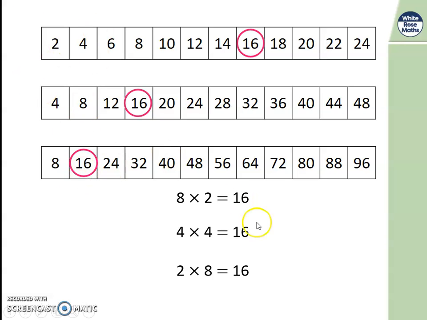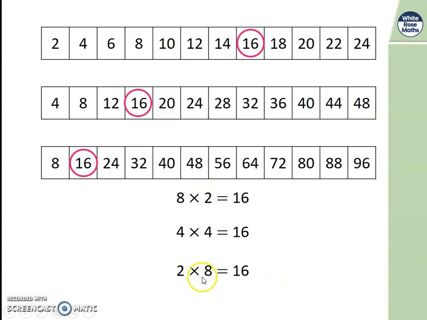We count up in twos 8 times to get to 16. So 8 times 2 is 16. Let's check for 4. 1, 2, 3, 4. So we've got 4 times 4 is 16. And then 1, 2. So 2 times 8 also equals 16.